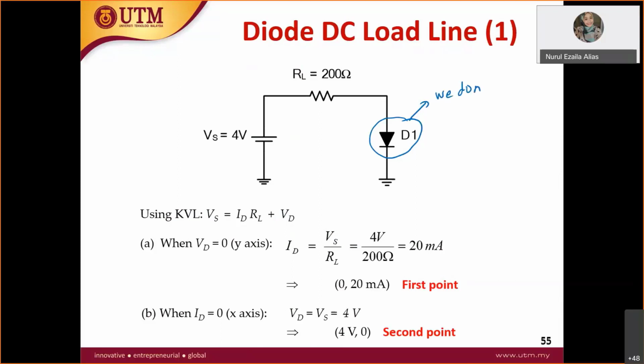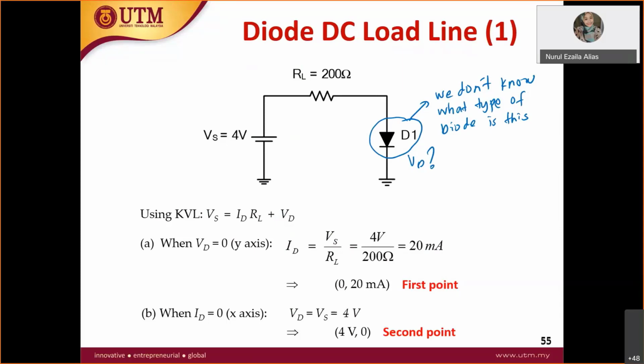We don't know what type of diode this is. To decide the type of diode, you want to find this VD by using the graphical method. So you are given this circuit.